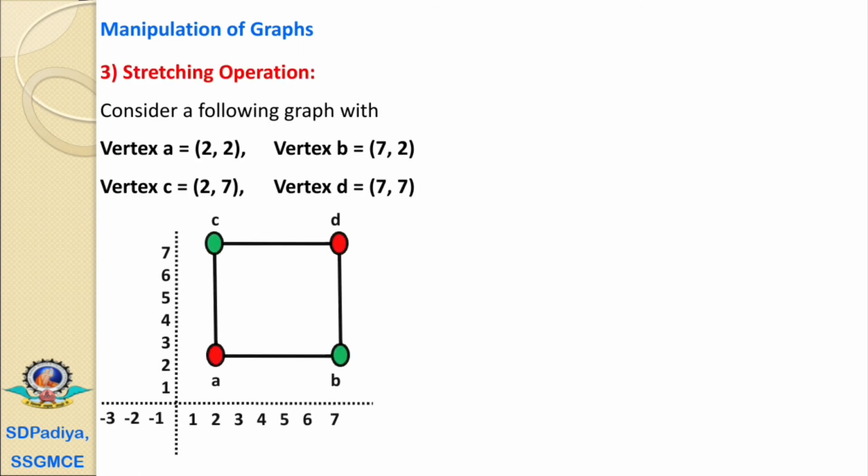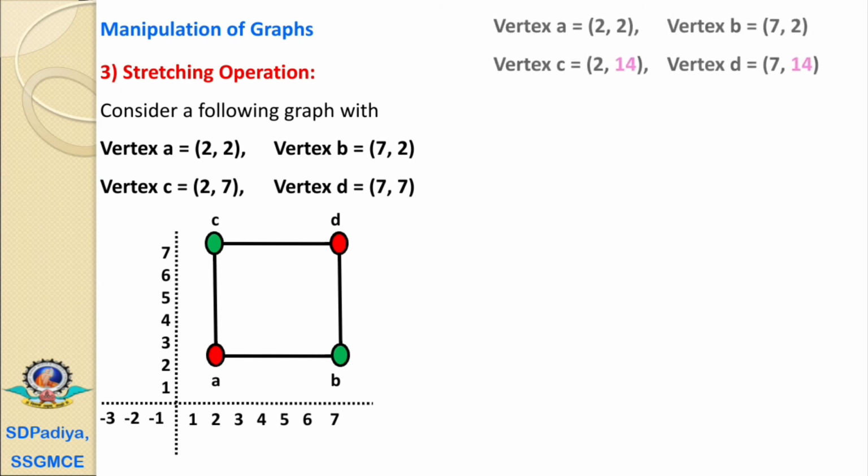If we consider the same graph, then if we perform the stretching operation, the vertex A must remain as it is, that is 2, 2. Now the vertex B is also as it is, 7, 2. If we are performing the vertical stretching, the vertex C must now be changed to 2, 14, and vertex D must now be 7, 14.